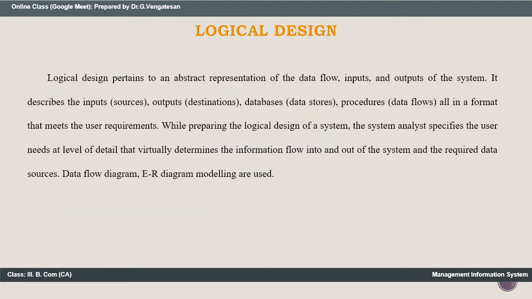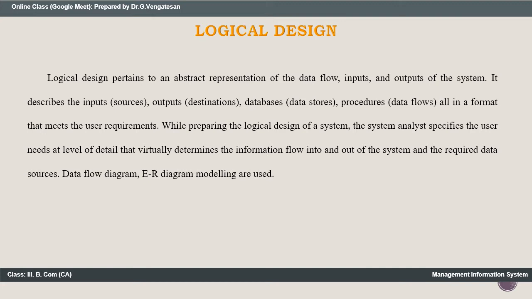Under system design, number one is logical design. Logical design pertains to an abstract representation of data flow, inputs and outputs of the system. It describes the inputs, that is sources, outputs, that is destination, and the database where the data is stored, procedures, the data flow, everything in a format that meets the user requirement.